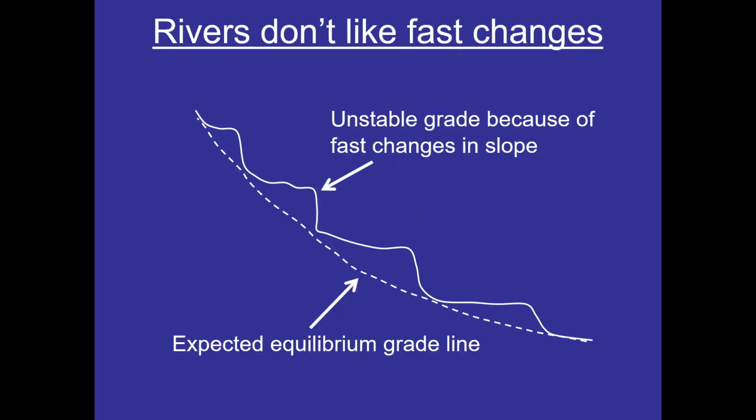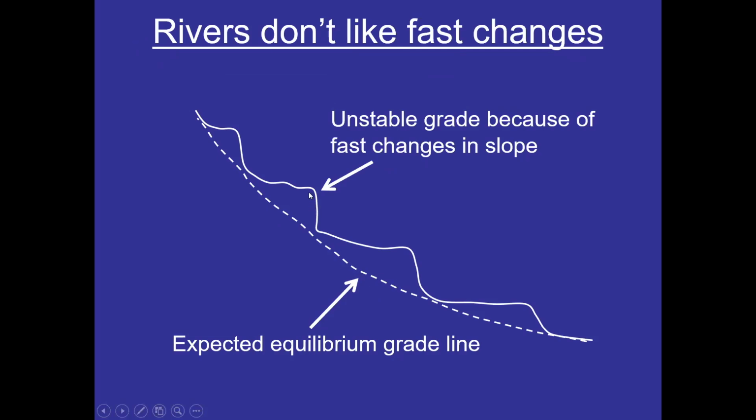Let me illustrate what I mean by rivers don't like fast changes. When we look at a longitudinal profile of a stream, looking at the headwaters, the high elevation, all the way down to the mouth of the river, low elevation areas, rivers ultimately like to establish a smooth concave up profile where there's a minimum amount of slope change at any one point.